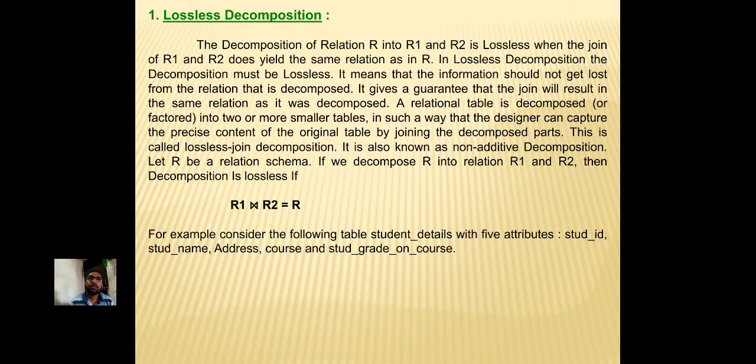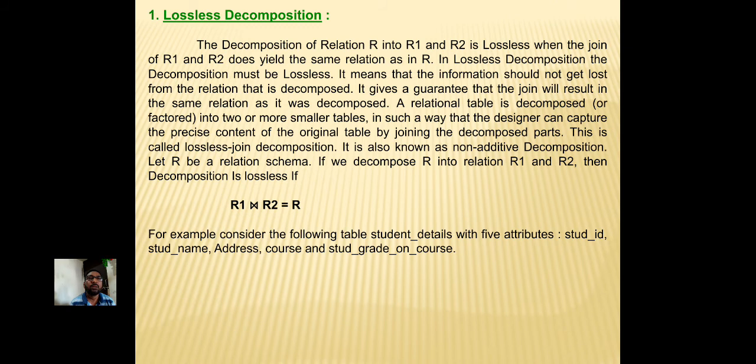First is lossless decomposition. The decomposition of relation R into R1 and R2 is lossless when the join of R1 and R2 does yield the same relation as in R. In lossless decomposition, the decomposition must be lossless. It means that the information should not get lost from the relation that is decomposed.